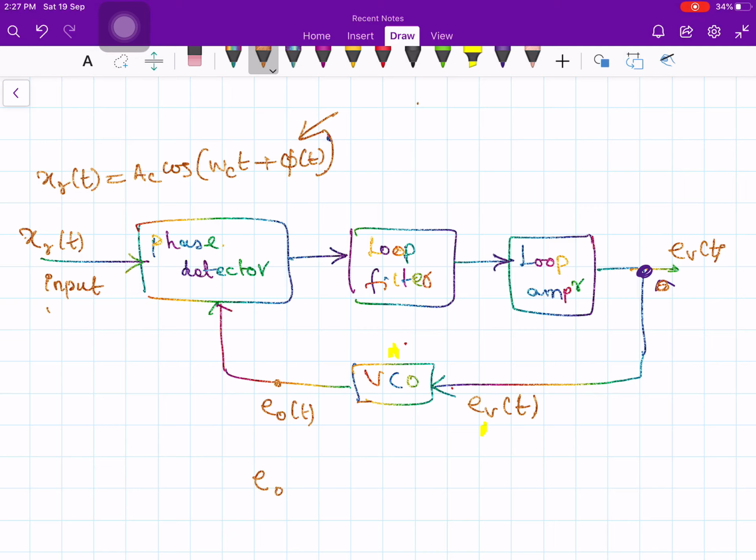So E naught of t is equal to a suffix v times sine of omega ct plus theta of t, and this theta of t is controlled by your EV of t.